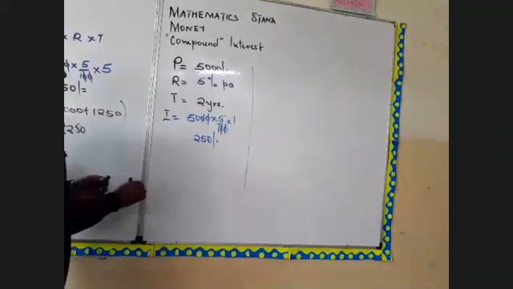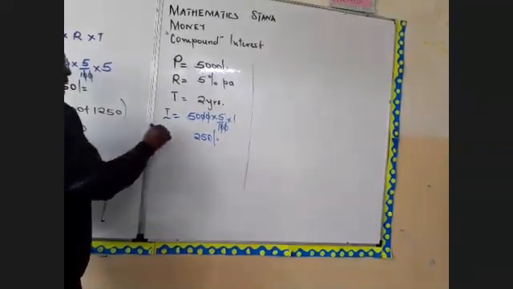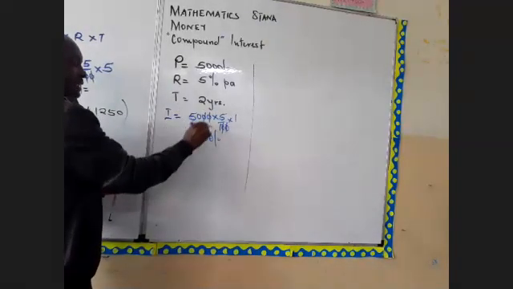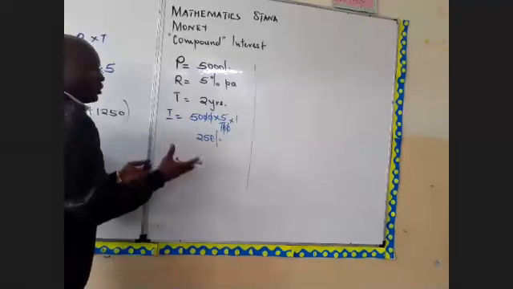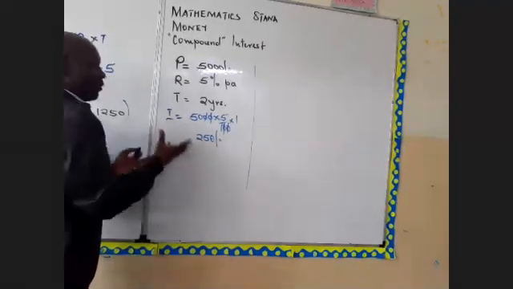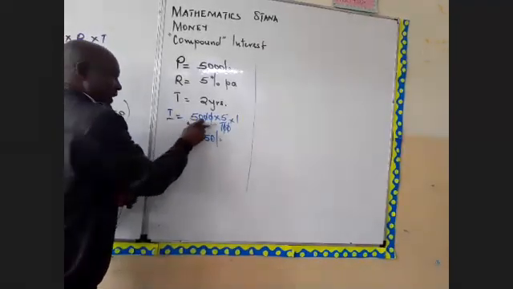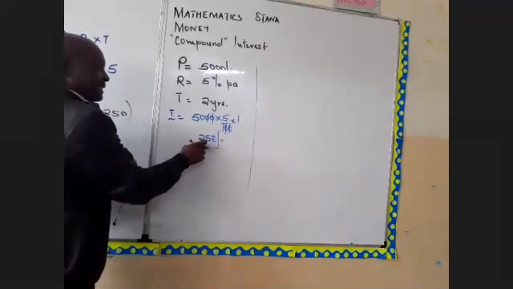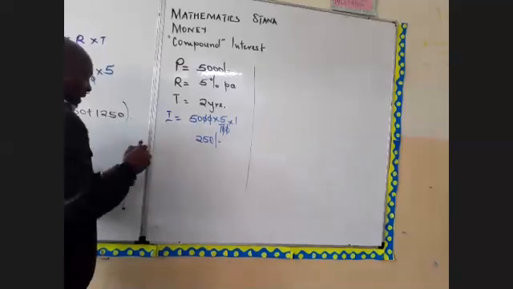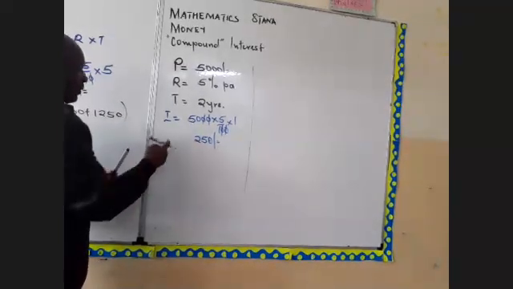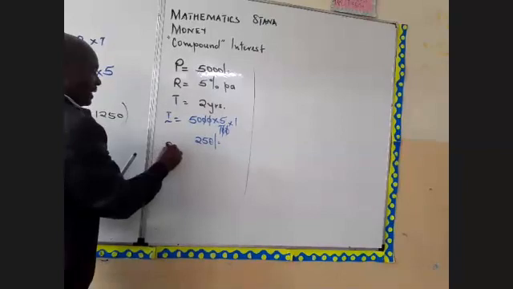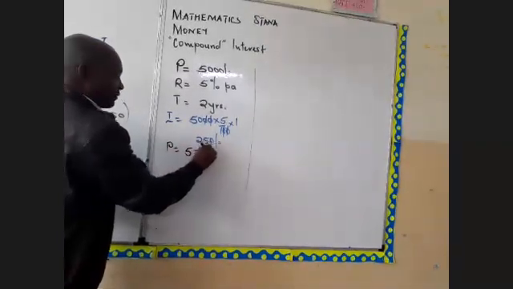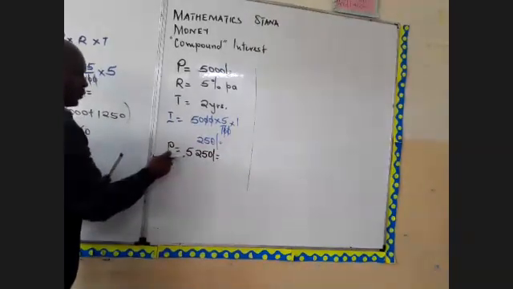Interest earned. When we start year 2, because the money stayed there for 2 years, we create a new principal, which is the 5,000 plus the interest of 250. So we have a new principal, which will be 5,250 shillings. This is for year 2 now.